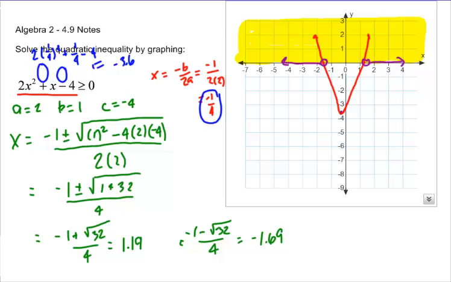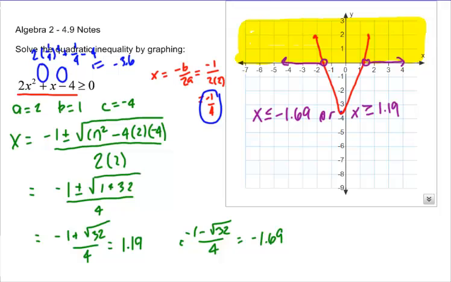So how do we say the solution for this? We'd say that the solution is where x is less than or equal to -1.69, or where x is greater than or equal to 1.19. And so that's all that you're looking for on that guy.